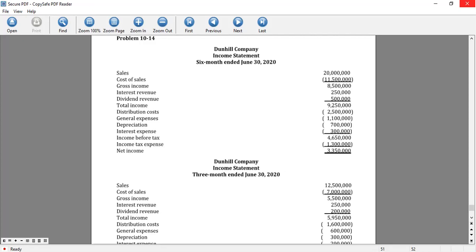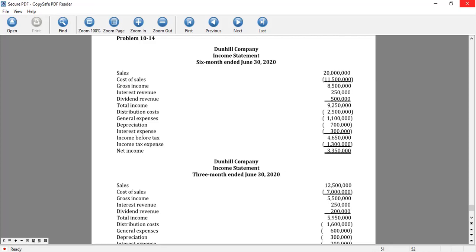We deduct from sales the amount of cost of sales of 11.5 million. We have the gross income, and then we add the interest revenue and the dividend revenue, 250 and 500,000, leading to the total income.